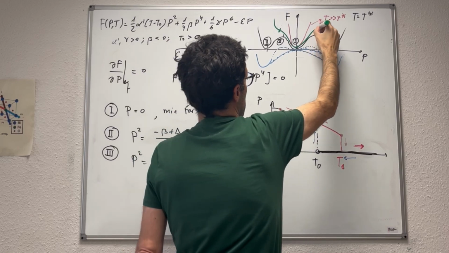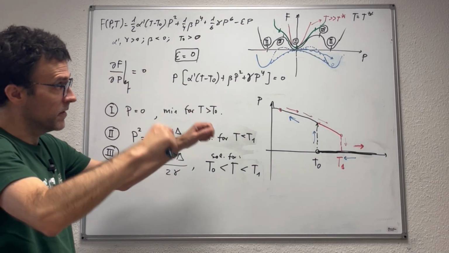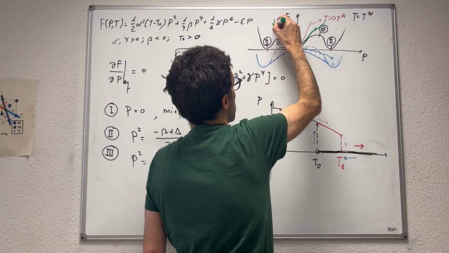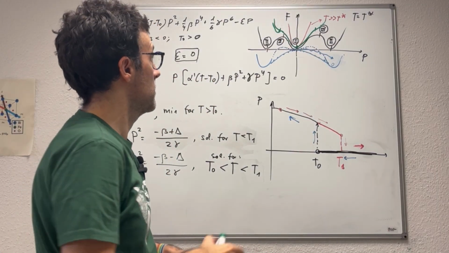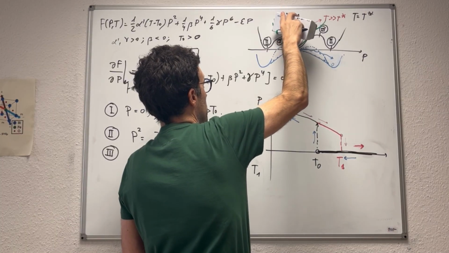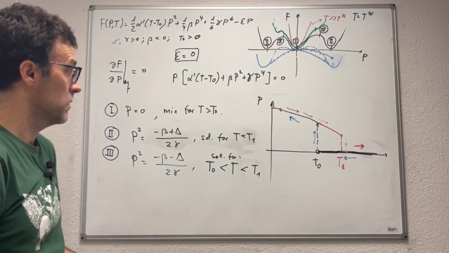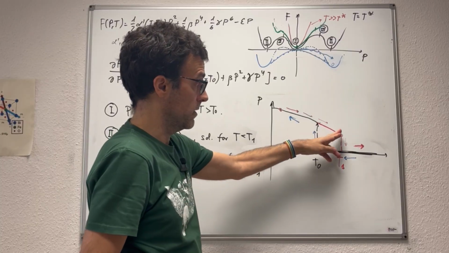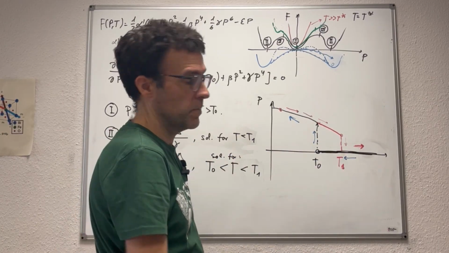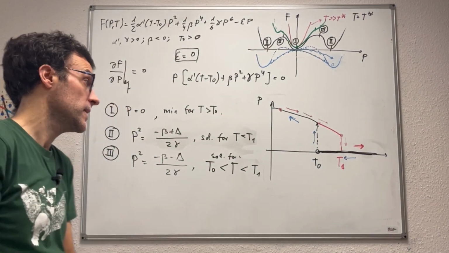Where these points here are inflection points, such that if I keep decreasing the energy, immediately I generate a minimum and a maximum. So below T1, I already have a minimum and a maximum. And above T1, I don't have any minimum, and therefore the system has to experience the phase transition.